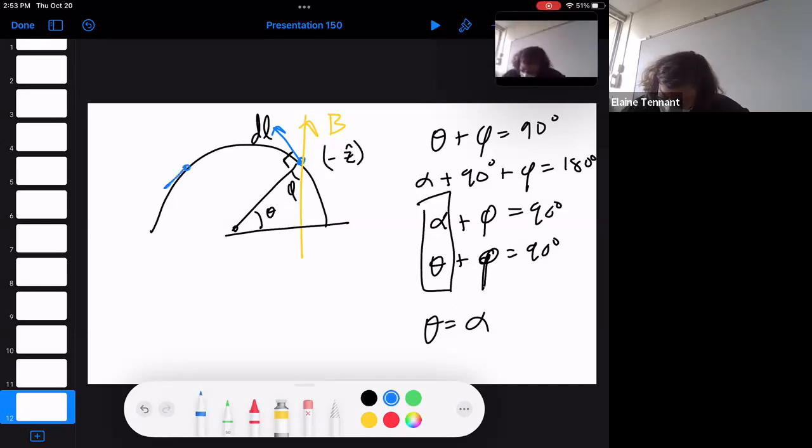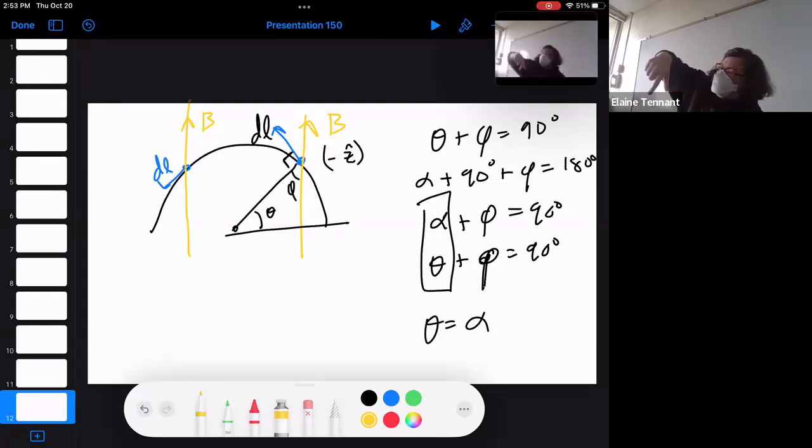What about over here? What if I have my dl right there? B has not changed direction. Are we still getting into the board? Now my dl is that way, my B is going up, my thumb is going into the board.